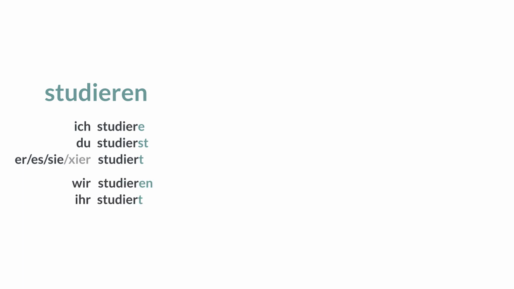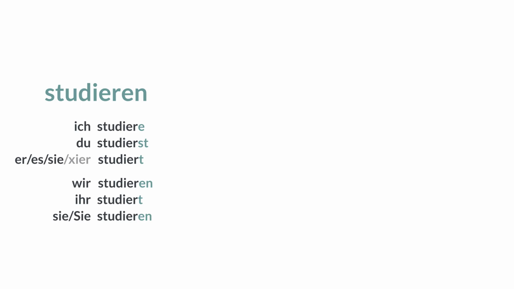Here we see all endings for the verb studieren. Ich studiere, du studierst, er, es, sie, xir studiert. Wir studieren. Ihr studiert. Sie studieren.